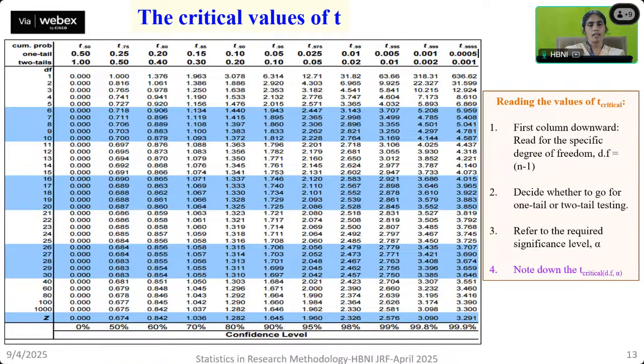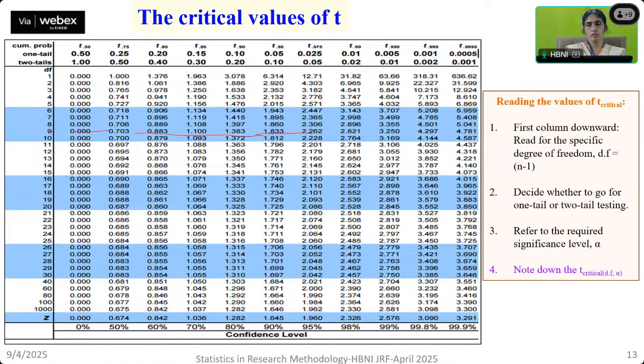Depending on the confidence level, as I told you in the previous class, if the confidence level is not mentioned, the general intuition is to go for 95% confidence level. That is nothing but 0.05 alpha. If I am looking at 10 repeated measurements, I will go for 95% confidence level.